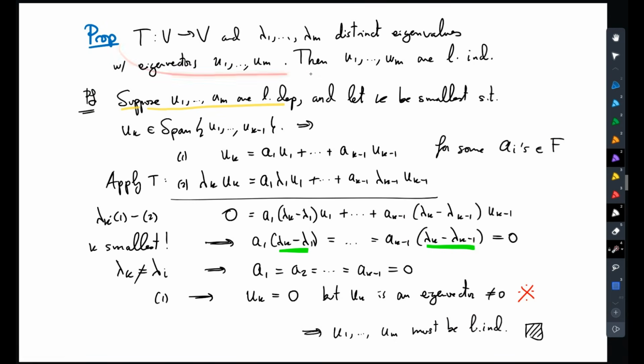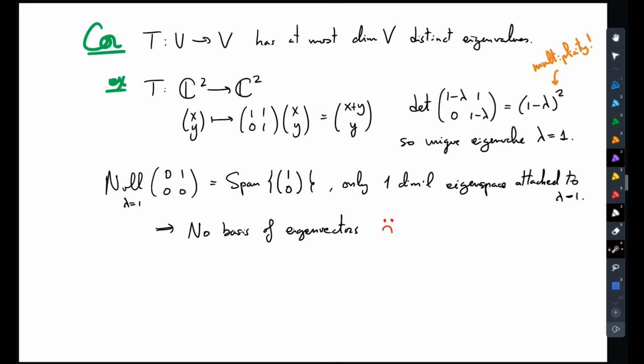As a consequence of this proposition, if I have distinct eigenvalues, then the eigenvectors are linearly independent. That tells me that I can't have a lot of distinct eigenvalues, because for each eigenvalue I have an eigenvector, the eigenvectors are linearly independent, and I cannot have more linearly independent vectors than the dimension of the space.